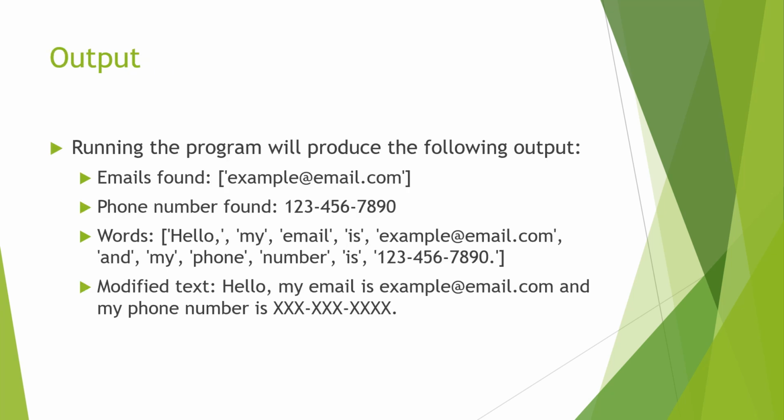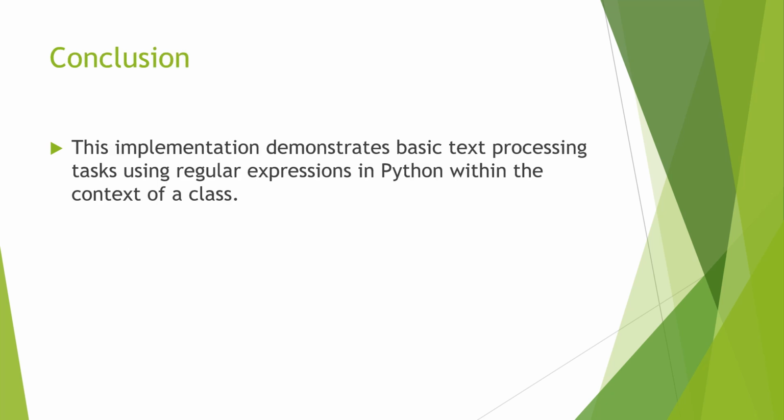We have printed the email ID first, and then the phone number. For the first occurrence of the phone number, we have printed it. Then the words, after splitting the text, we have printed. And the replace function replaced the digits in the phone number by x, and then we printed the modified text.